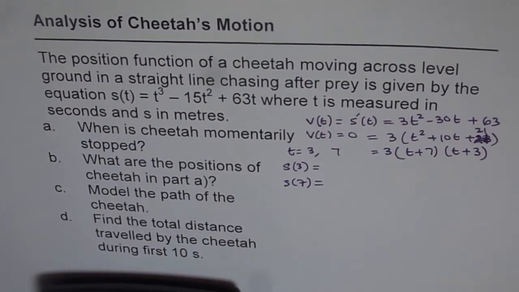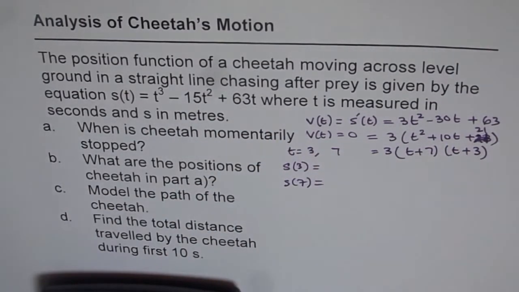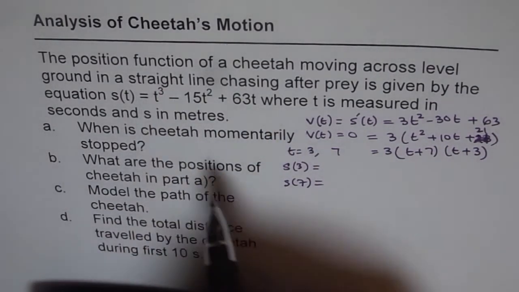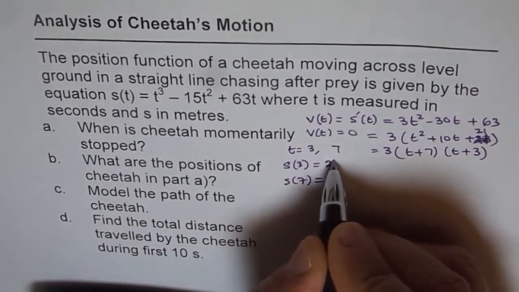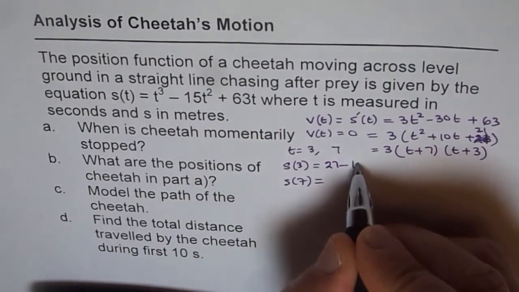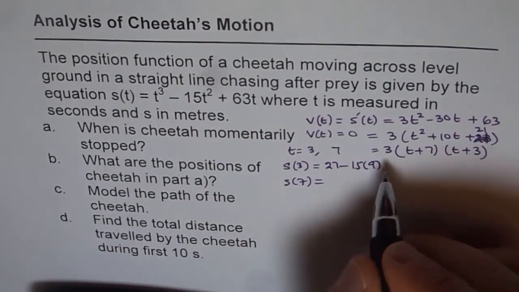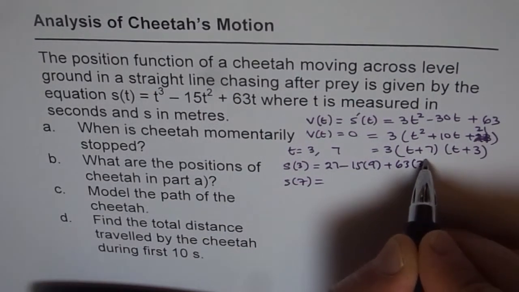So to find s of 3, you can just plug in the values and calculate. 3 cubed is 27, 27 minus 3 squared is 9, so 15 times 9, and then plus 63 times 3, right?